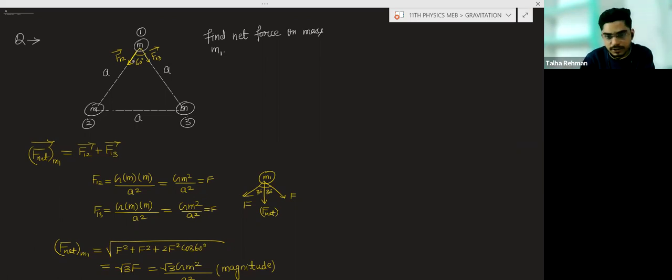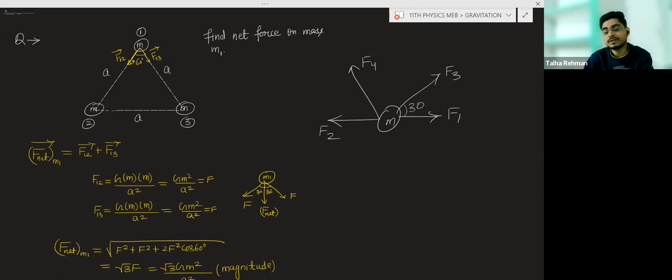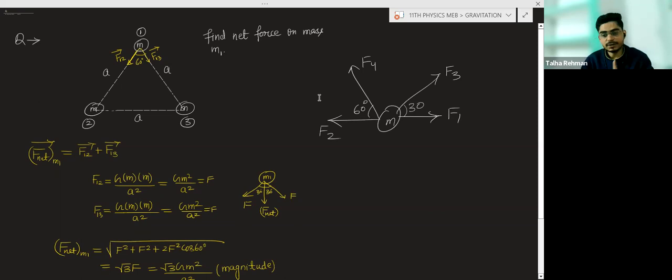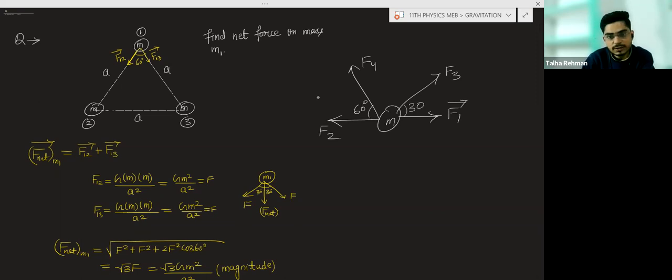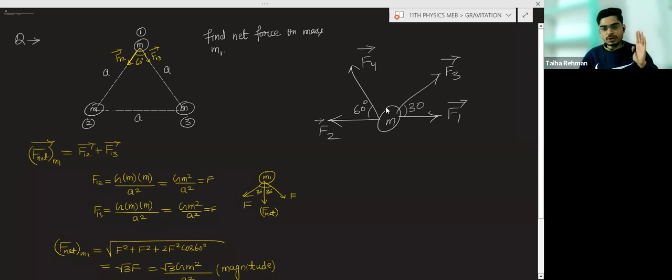Suppose for example this is mass m1, and one force f1 is in this direction, another force f2 is in this direction, another force f3 is in this direction at an angle of 30 degree, and another force f4 is in this direction at an angle of 60 degree. So on this mass m, there are four forces acting in different directions.